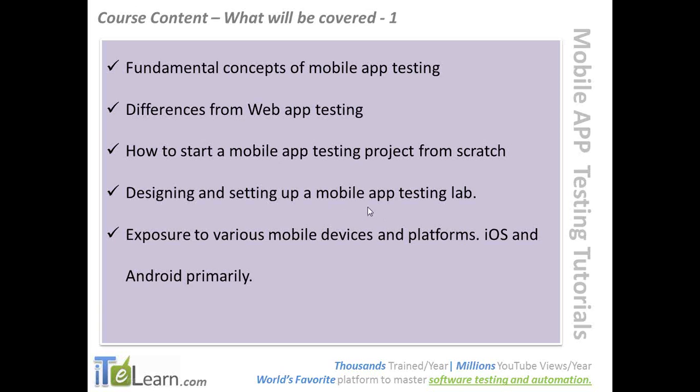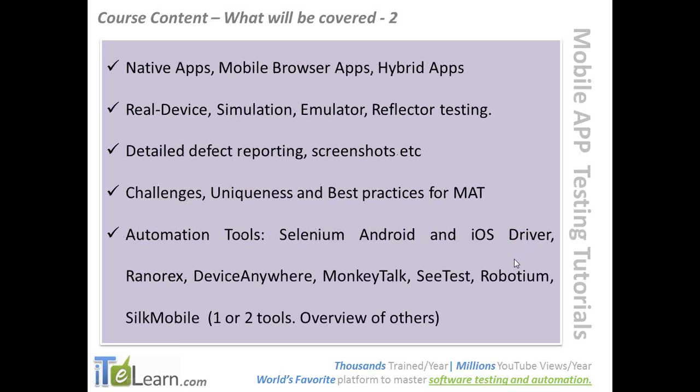And this word, though a long word, has a very simple meaning: the required infrastructure, the required set of devices, tools, and so on that will help you test as per your requirements. Now, exposure to various mobile devices and platforms, primarily iOS and Android, you will gain significantly through this course.